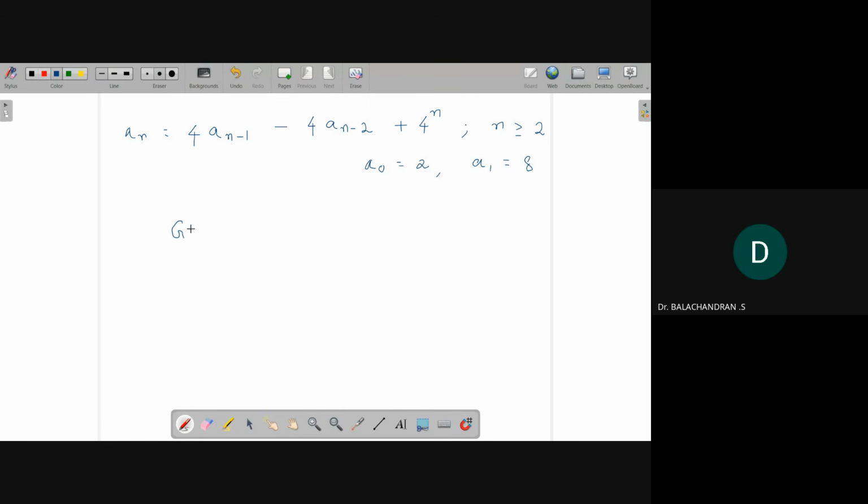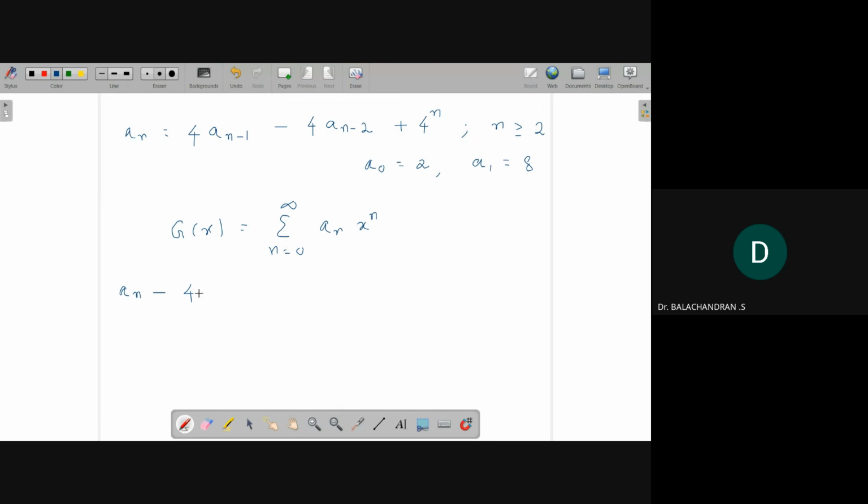G of x is summation n equal to 0 to infinity an into x power n. So this is your generating function. Now first you should write everything on the left side, or you can keep it as it is, no problem. So usually I will write like this.